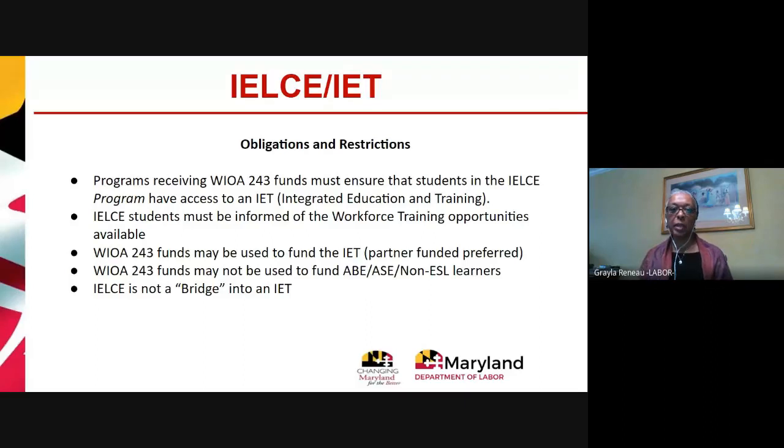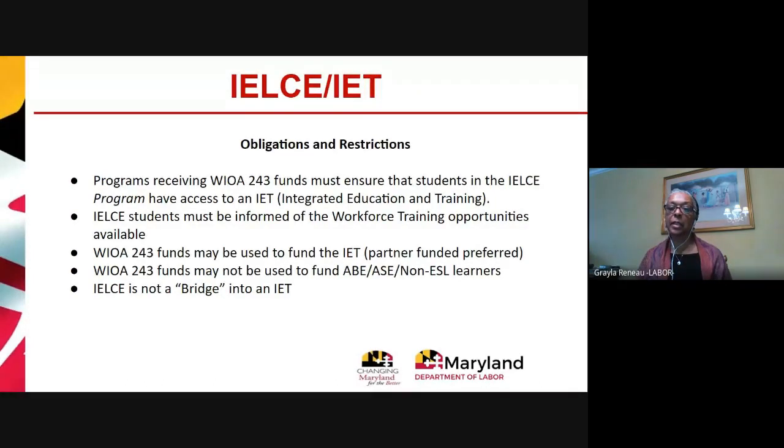So I want to talk a little bit about the obligations and restrictions. Programs that receive the IELCE funding or WIOA 243 funds must ensure that students in the IELCE component have access to an IET.